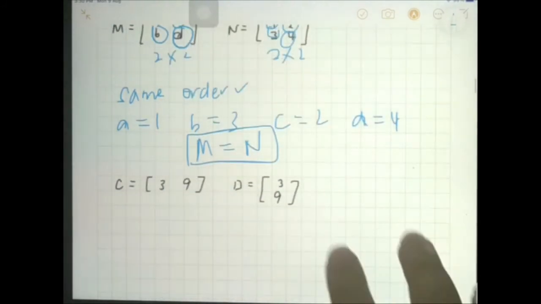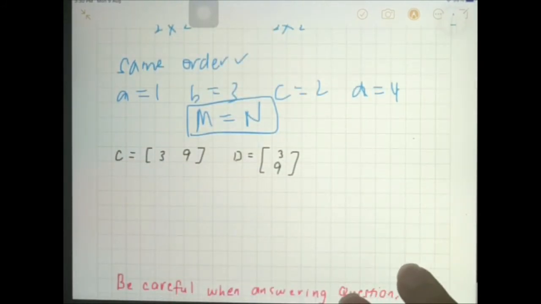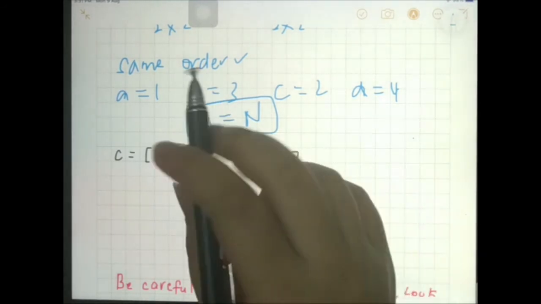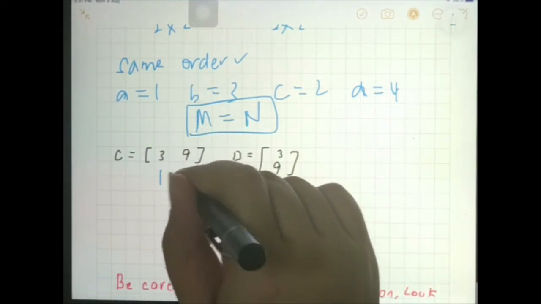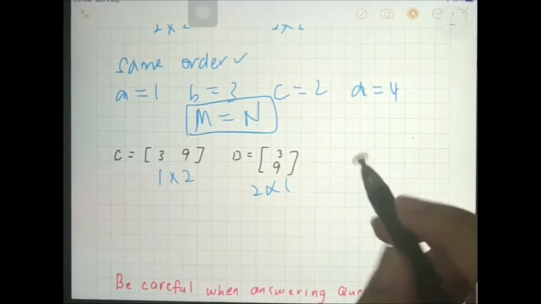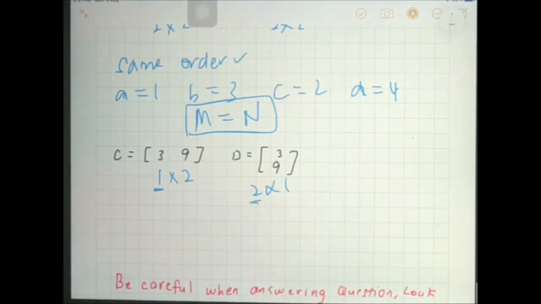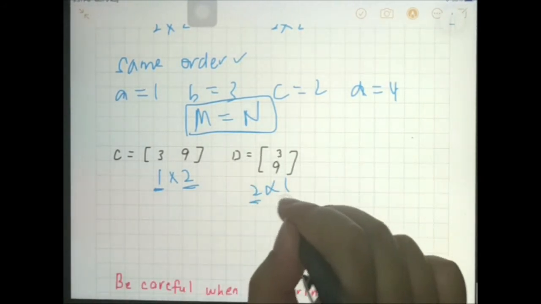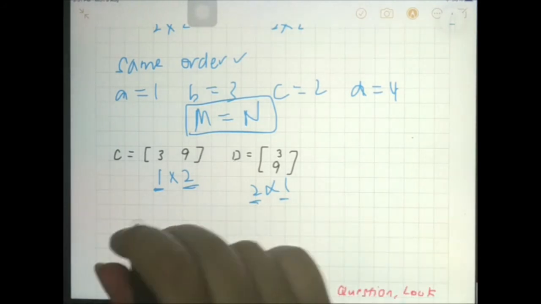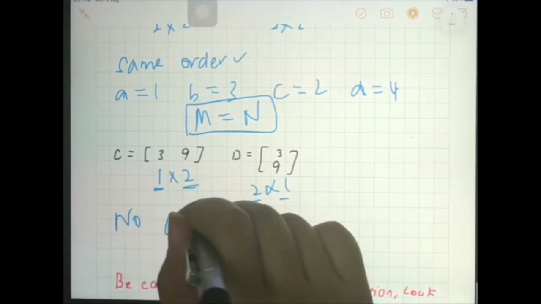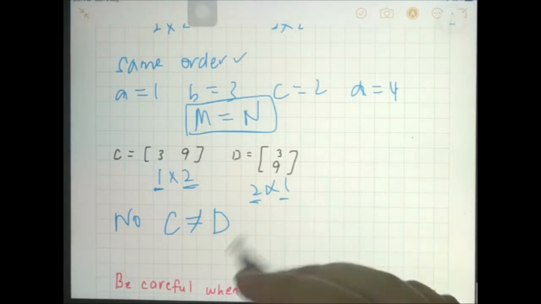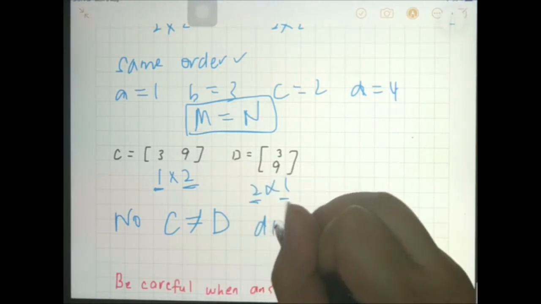Alright? So let's see here. Does matrix C equal matrix D? Look at the order. The order here is 1 by 2, and this one is 2 by 1. The rows are not equal. The columns are also not the same. So therefore, no, these are not equal, because they do not have the same order.